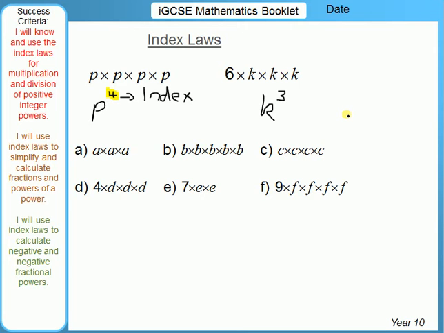Now the number is treated separately, so we put the 6 in front of the k. Remember, in algebra we don't need to write the multiplication symbol, we just put it together and we get 6k cubed. So have a go at the 6 questions below and see if you can find the answers.